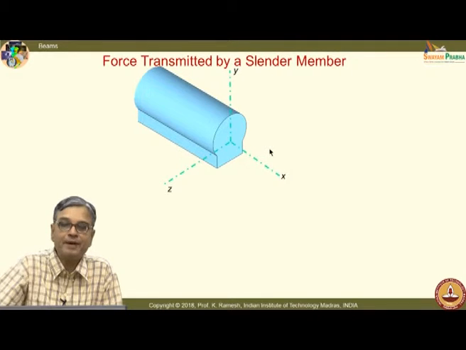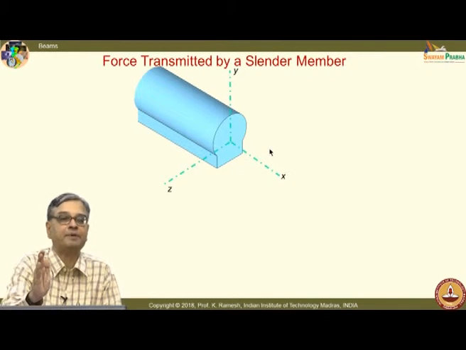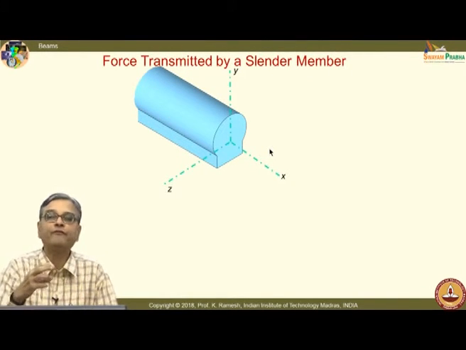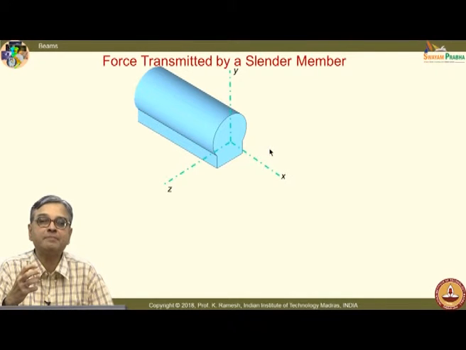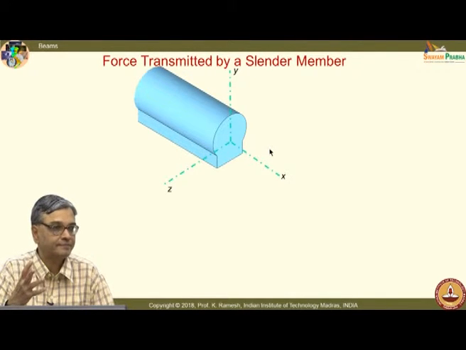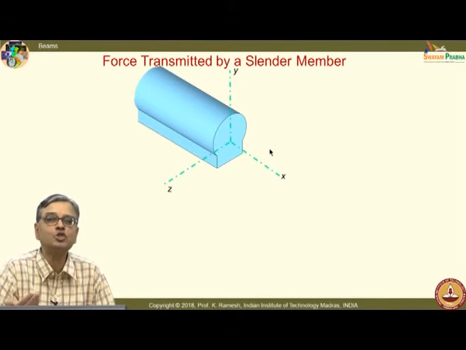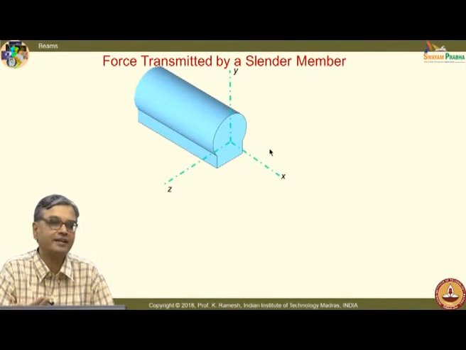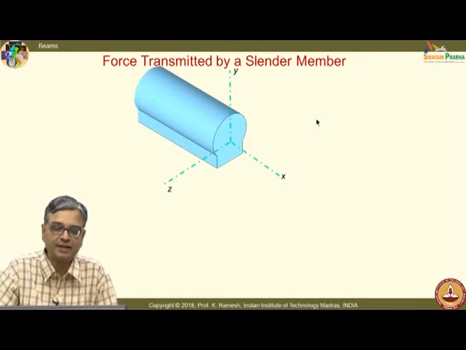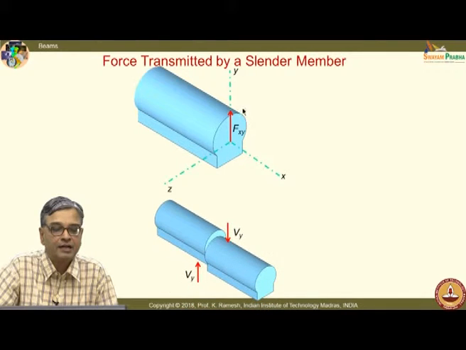Suppose I pass an imaginary plane through this slender member, what are the forces that a slender member can transmit? We have to understand that, and there is also a symbolism that is used in higher level studies. They use the symbolism like this. I could have a force acting on the surface of the member.